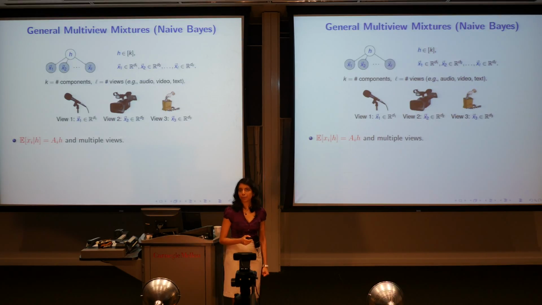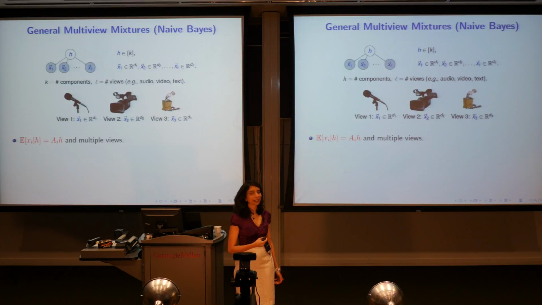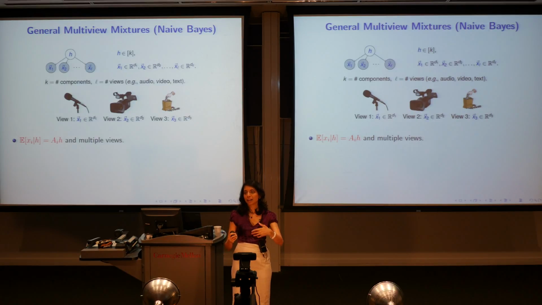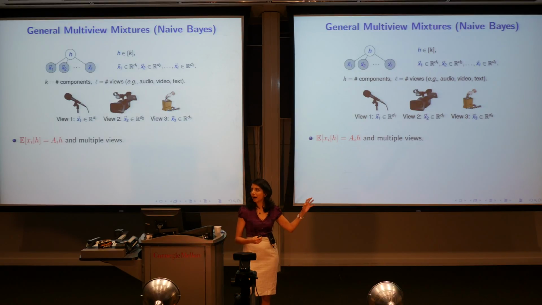So this multi-view model, we can take it in different directions now, because we thought of these topic models as multiple views. I have multiple words in my document, and these correspond to multiple views. But we had this additional property of exchangeability, meaning that the conditional distribution of all these views was the same.